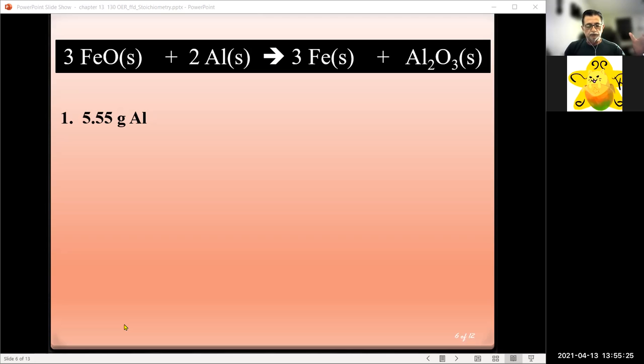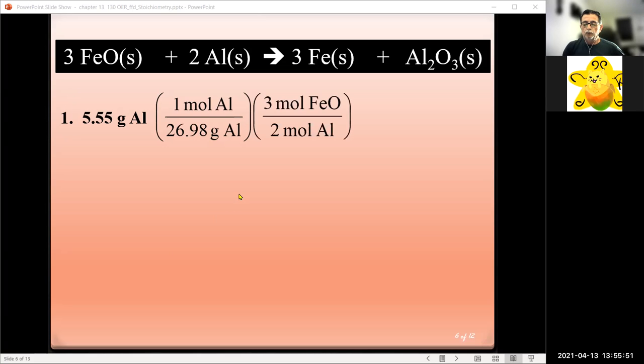Remember, I can't compare apples to oranges unless I get through a common factor, which is moles. Since aluminum is just an element, we simply need its atomic weight, which gives us moles of aluminum. From there, we use the stoichiometric relationship between the two reactants to get us into moles of iron 2 oxide.